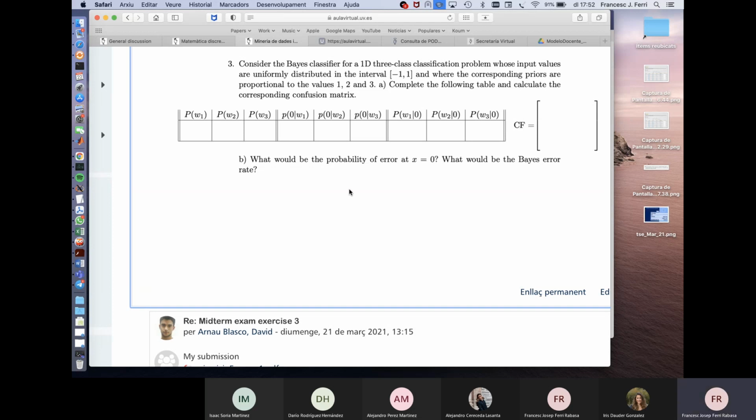The one with the biggest prior. Yes, and this is class 3. So the Bayes classifier decides always 3. It's a constant classifier. So the output of the classifier is independent of the input. No matter what you put at the input, it answers 3, always.